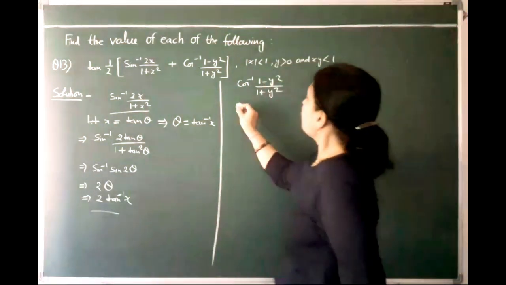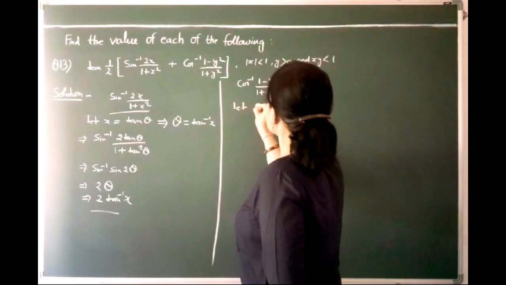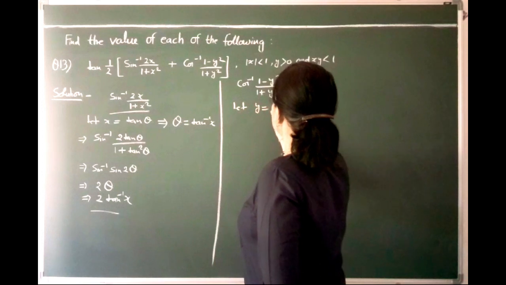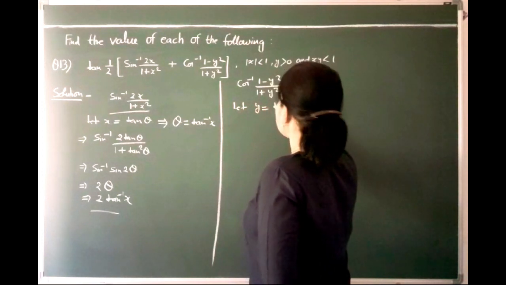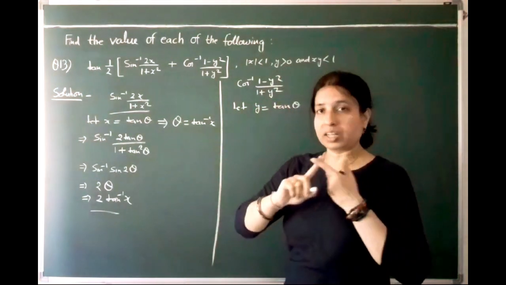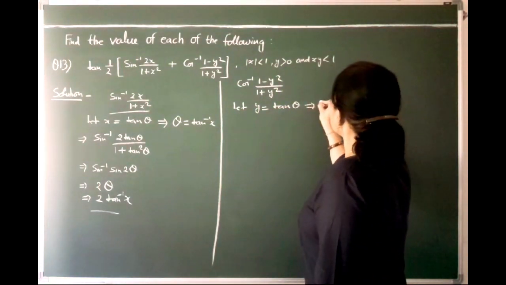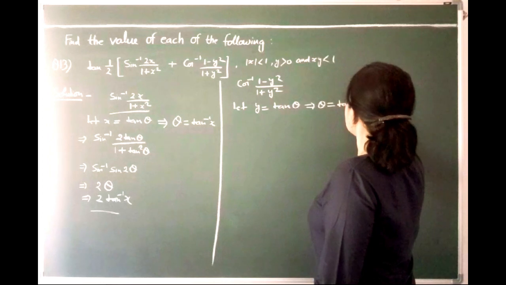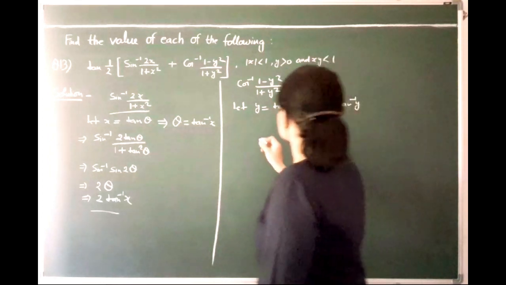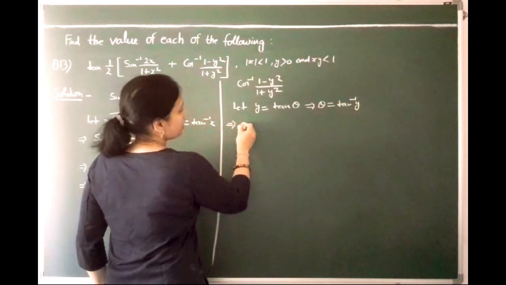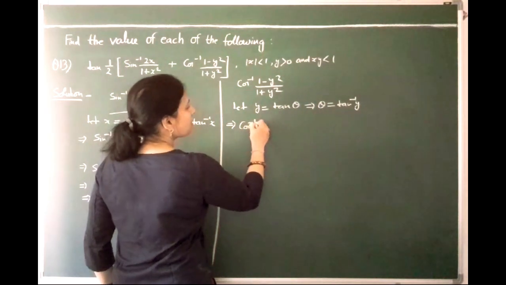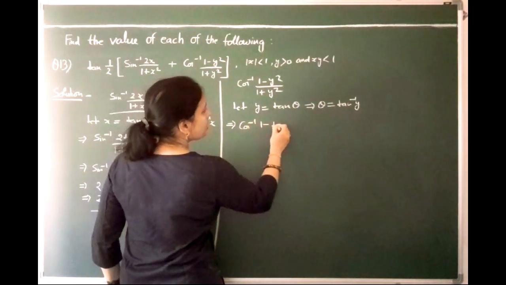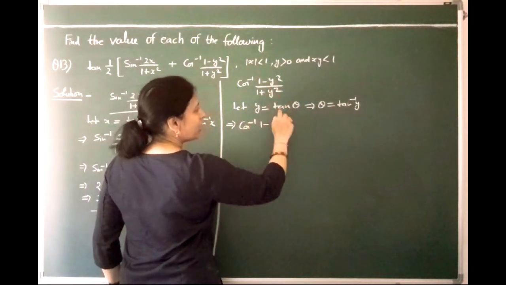Okay. So let y is equal to tan theta. यहाँ भी हम y के जगह पे tan theta पुट करेंगे. So what will be theta? So theta will be tan inverse y. Now we can write cos inverse 1 minus, in place of y write tan theta.